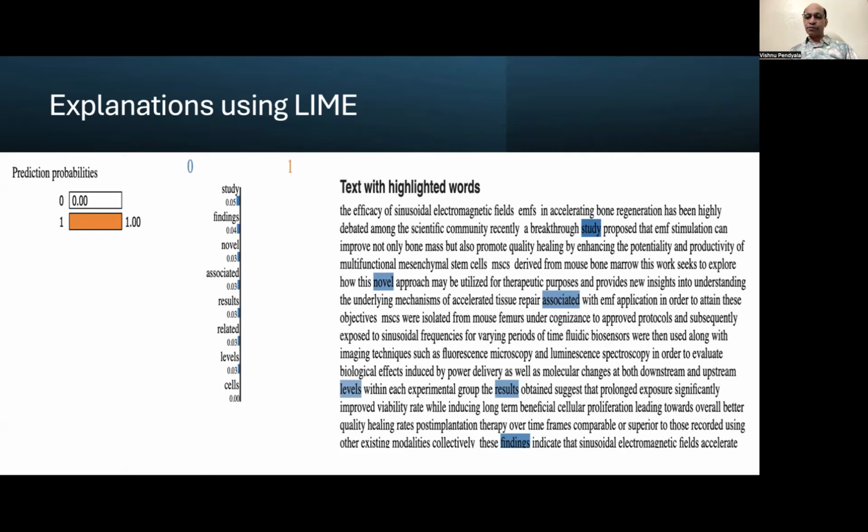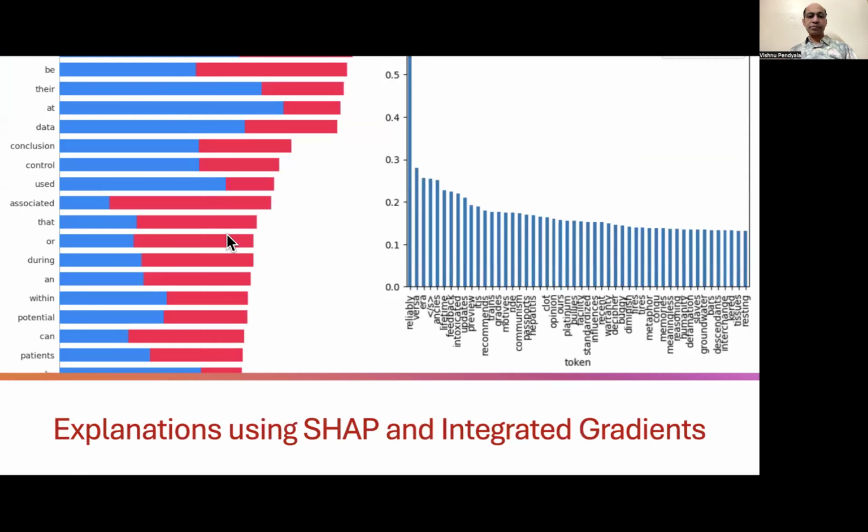For instance, the word study has the most weight of 0.05, which means that it was the most important feature for the model prediction. As can be seen, there are no significant words in the text that influence the model towards a one class prediction. If you see, the model prediction is one, but there aren't any words which really influence the model to predict one.